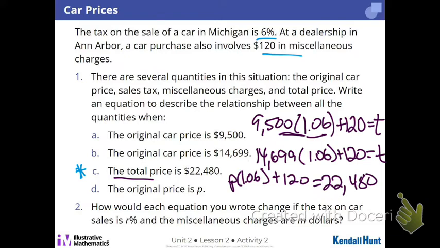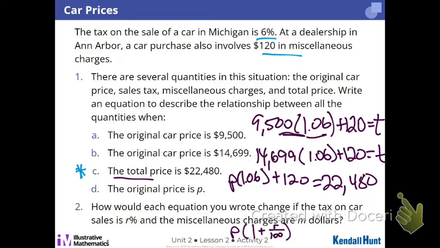Lastly, number 2. If we wrote this for any kind of percent in any kind of price and any kind of tax, it might look like this. And this is a little tough to write down, I'd say. We've got P for the price. For the tax, I'm going to do 1 plus R over 100. So if it were 8%, it'd be 8 over 100.